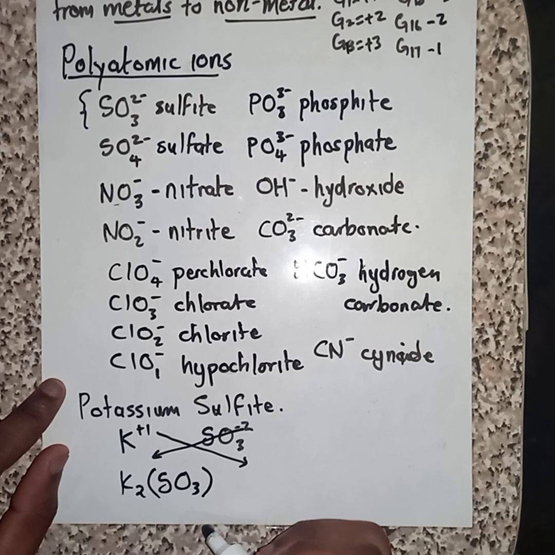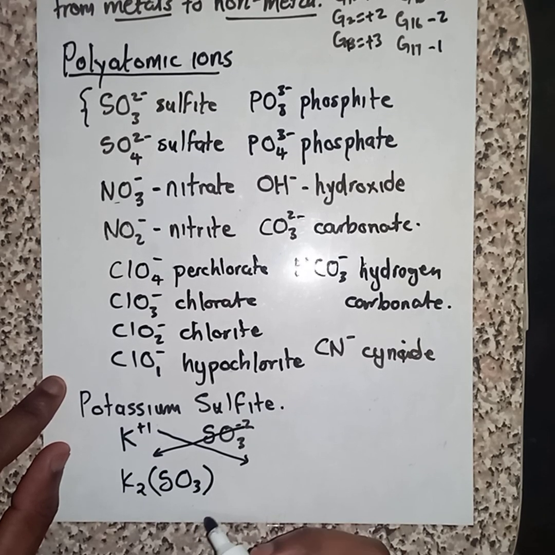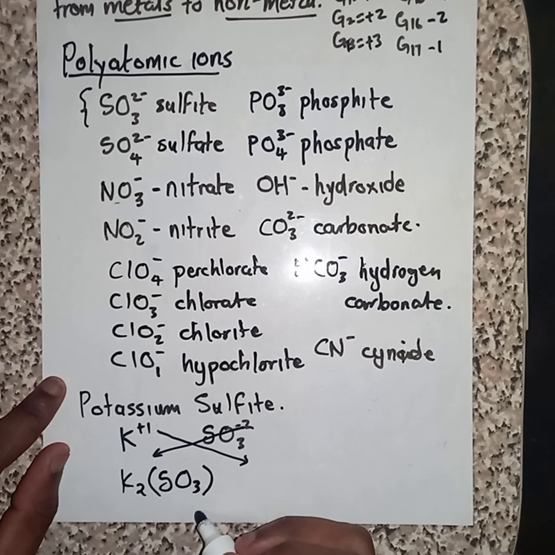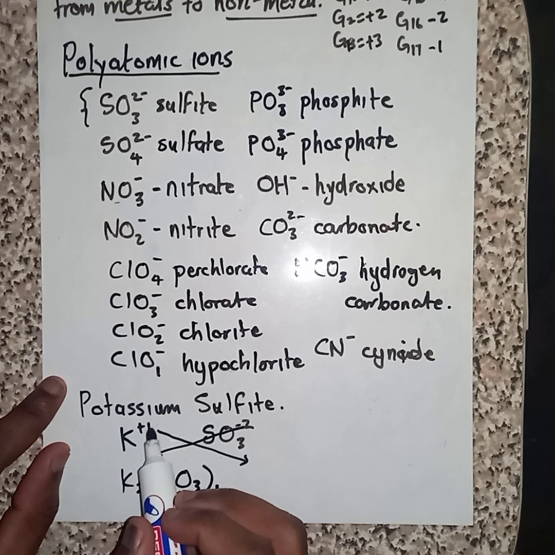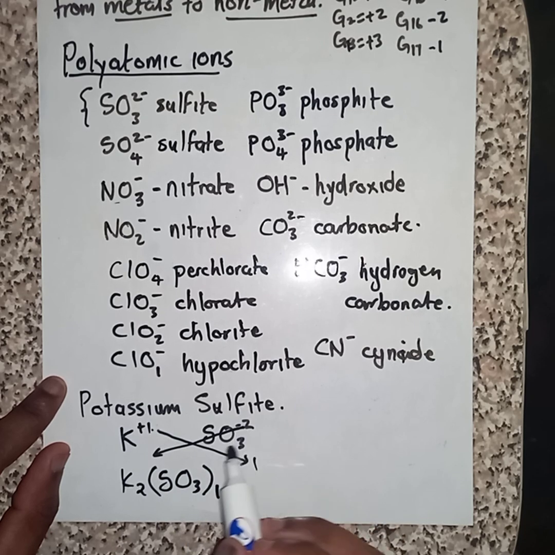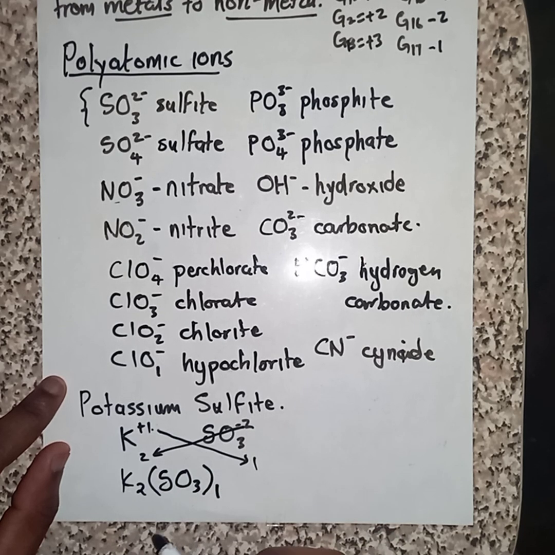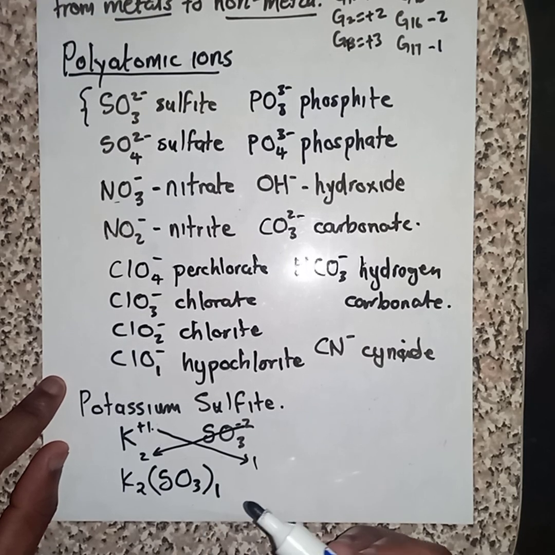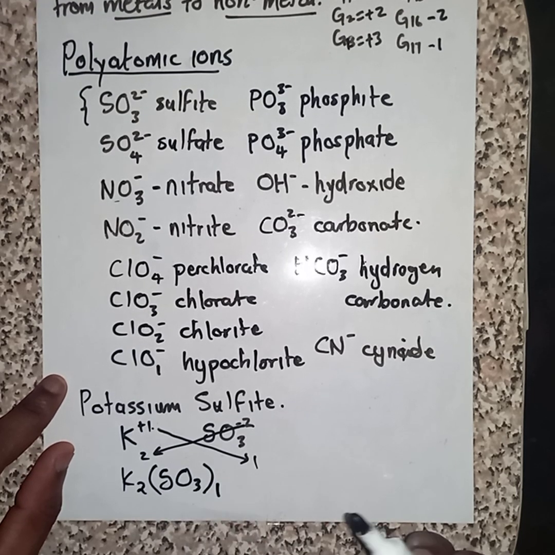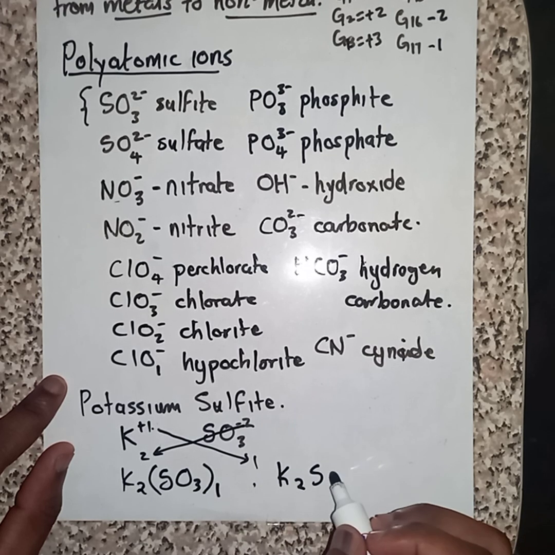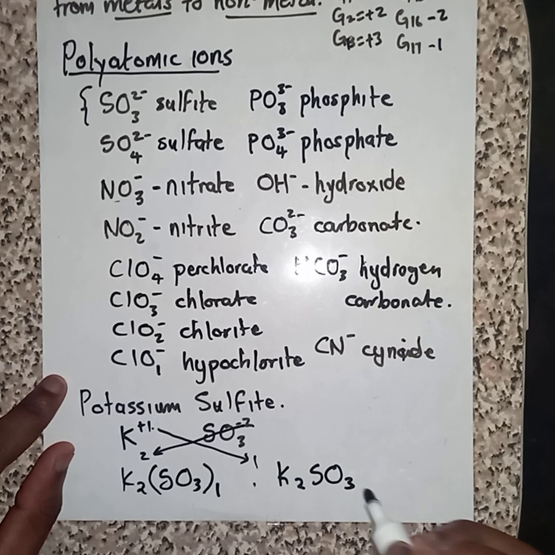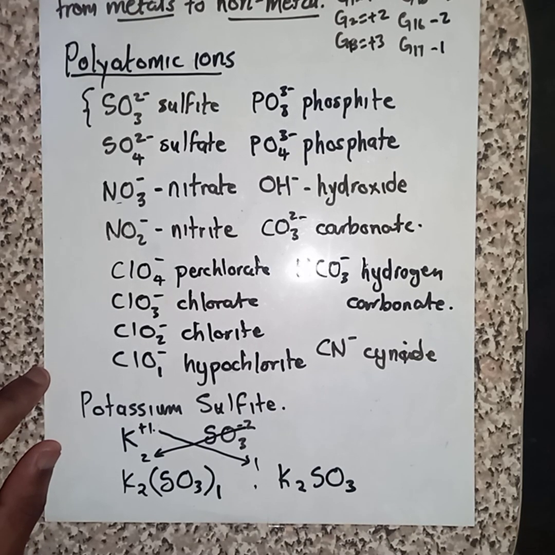As for polyatomic ions, it is very, very important for us to include brackets. Then we write this 1. We write this 2 on K. At this point, we can clearly see that 1 won't change anything. At the end of the day, we are going to have K2SO4.